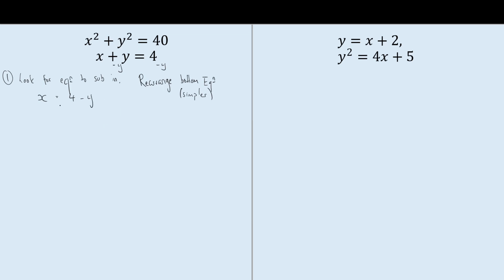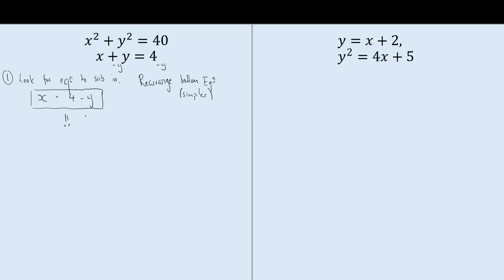So here's an equation which I'm going to use to substitute in. Okay? And when I do that, I'm substituting it into my more complicated equation. Okay? So wherever there was an x, I'm now going to replace it with 4 take away y. Now, important thing.